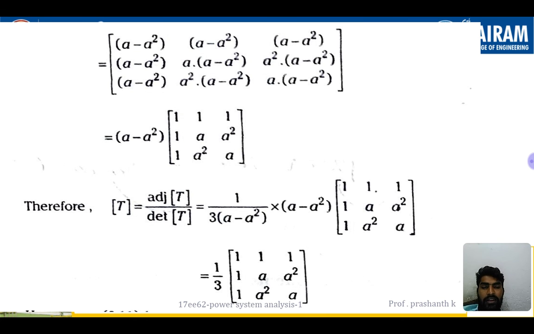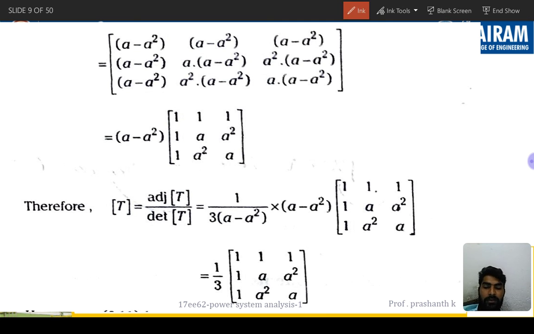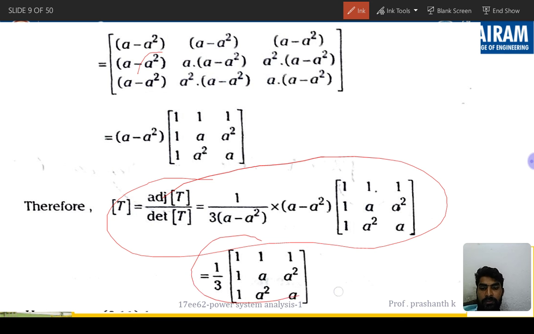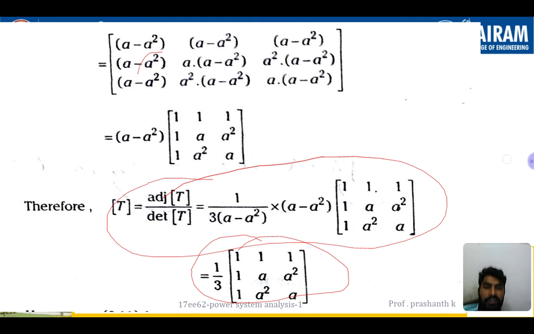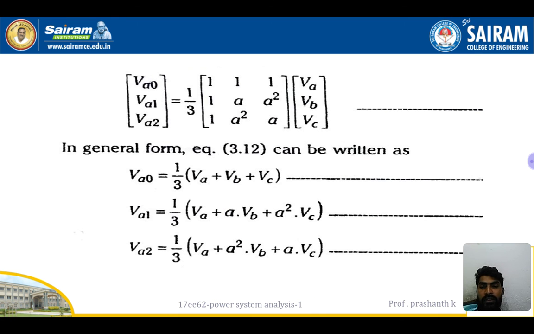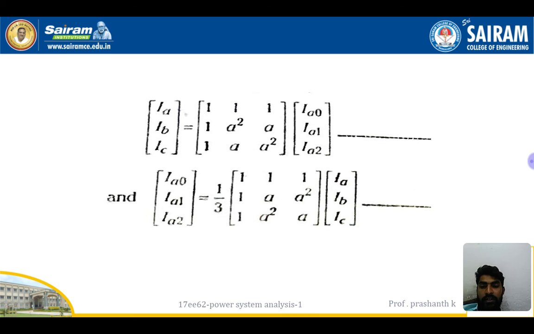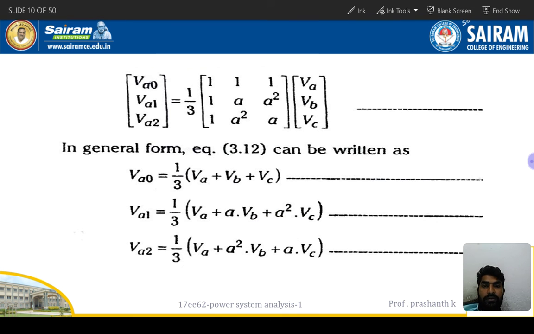The mathematical simplifications are not required, I guess. After the simplification, we get the equation like this: 1 by 3 times [1 1 1; 1 a a square; 1 a square a]. These are the symmetrical components in terms of phase components.